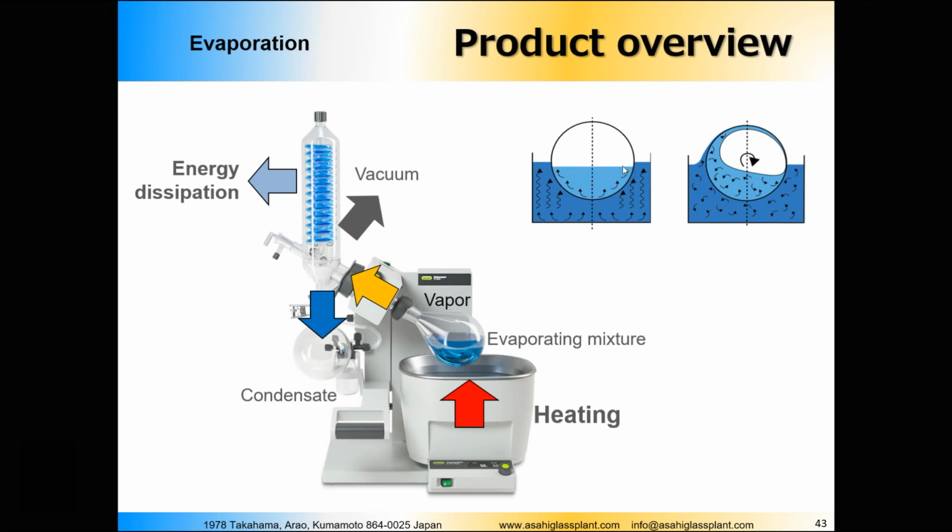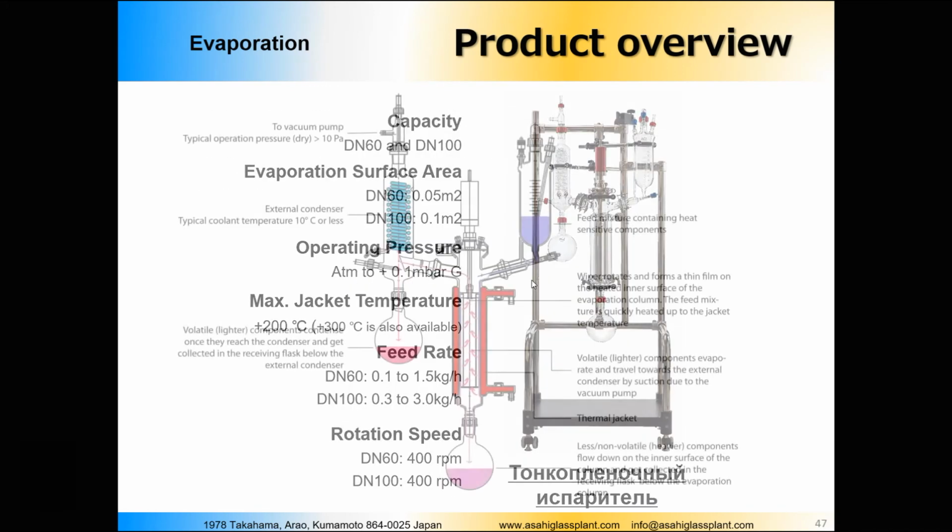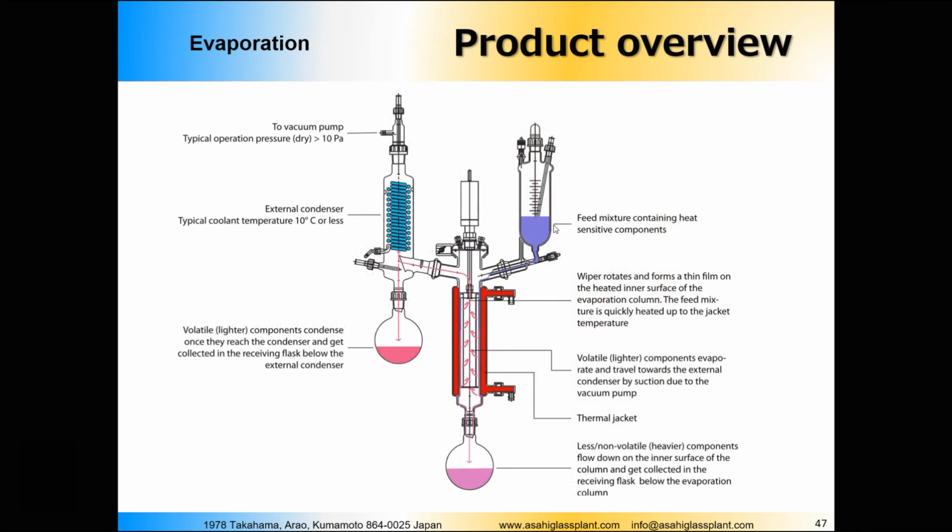Plus, when this viscous media starts to rotate together with the flask, it will not even be heated continuously. It will be heated, then when rotating it will be cooled down by the ambient atmosphere, and it will go like this, so the evaporation in the rotary evaporator will not be efficient at all. With a thin film evaporator, as well as with an SPE, short path evaporator, the great thing is that we can have the dosing feeding flask jacketed, and in this case we can heat it up.